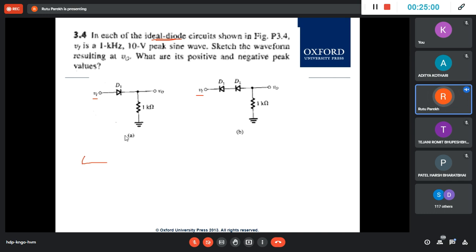Okay, so it is a sine wave and it is 10 volt. So this is 10 and this is minus 10. And the frequency is 1K. Okay, and sketch the waveform resulting at V0. So we have to sketch this, the waveform appearing at the output V0.